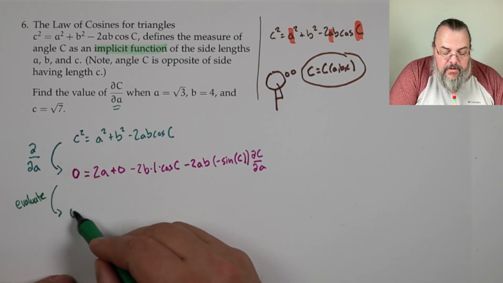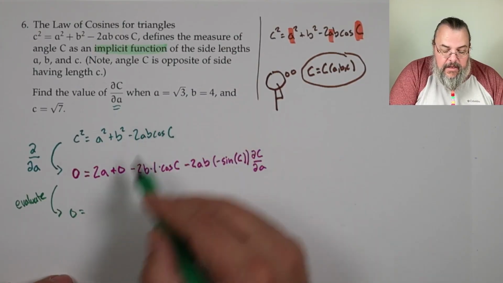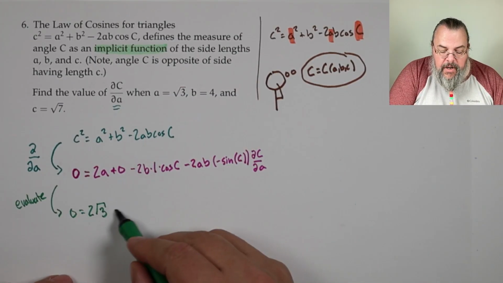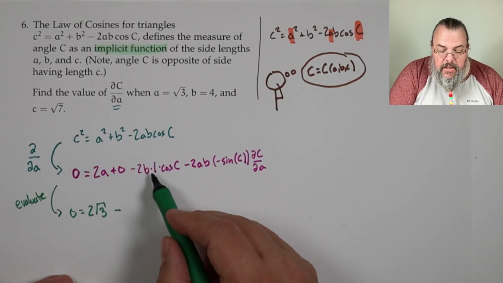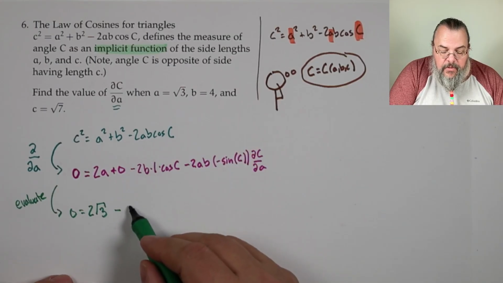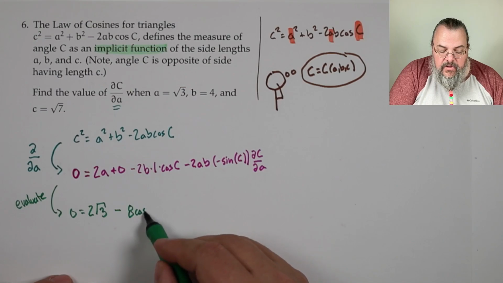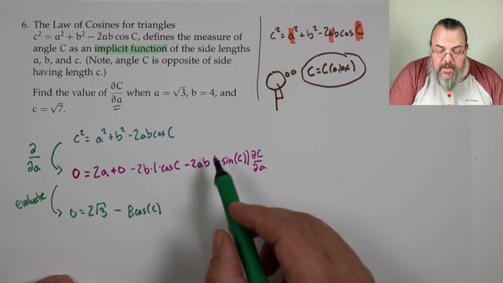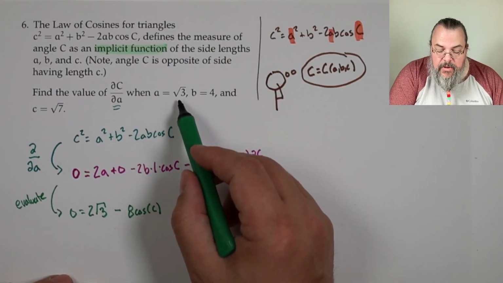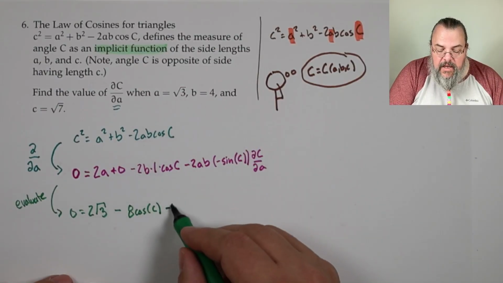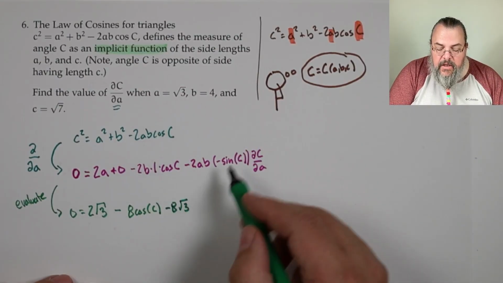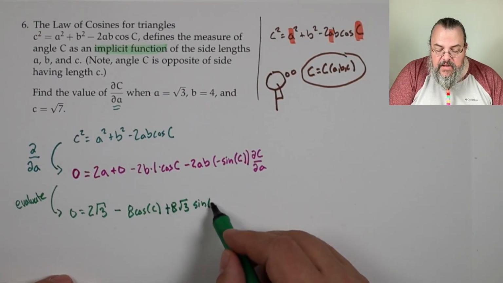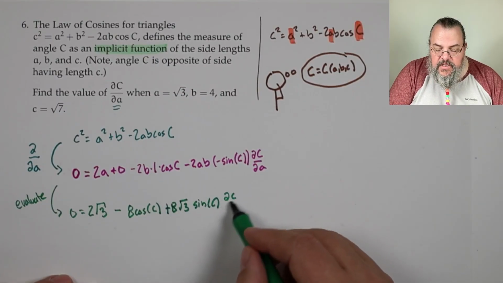We'll get 0 equals 2A, 2 square root 3, minus 2B, so 2 times 4, that's 8, cosine C, minus 2 times A times B, so minus 2 times square root of 3 times 4, that's minus 8 square root of 3, and there's a minus minus, that's a plus, and there's a sine of C, and then there's a partial C, partial A.